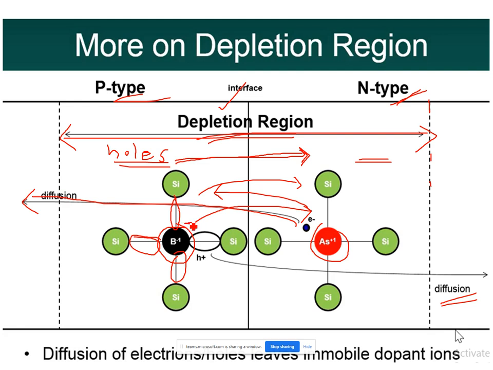How can we say that a hole has moved from boron towards the n-type material? What happens is that when an electron comes and sits here, then we say the boron has become stable. It has accepted one electron and we have the covalent bonds.